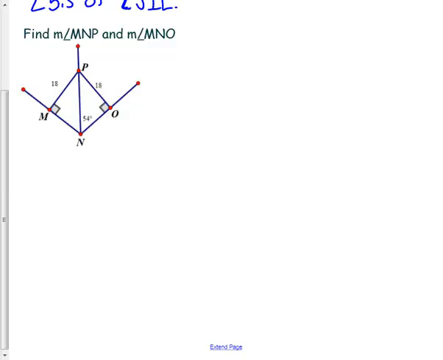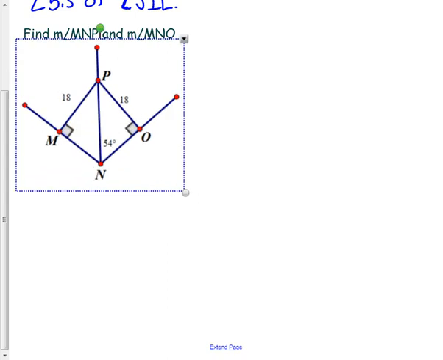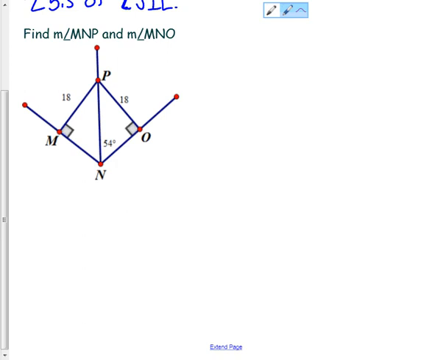An example: find the measure of angle MNP and MNO. You really want to look at it and say, oh, angle bisector, move on, whatnot. But you really need to look at these diagrams closely because some of these give you information that you don't need, or is false for solving.